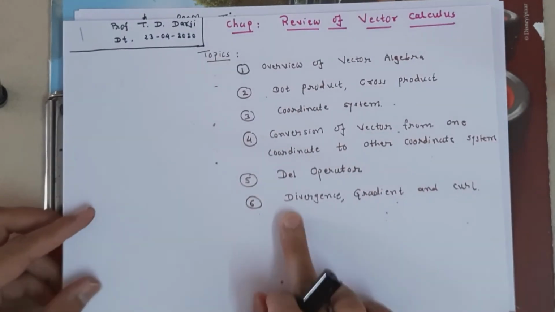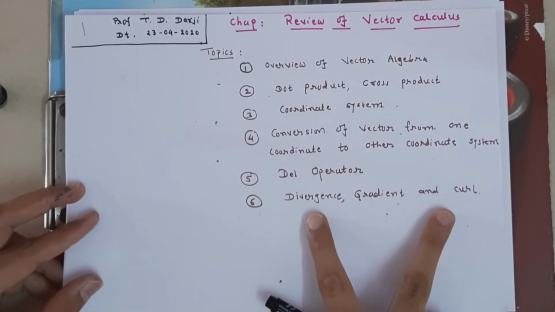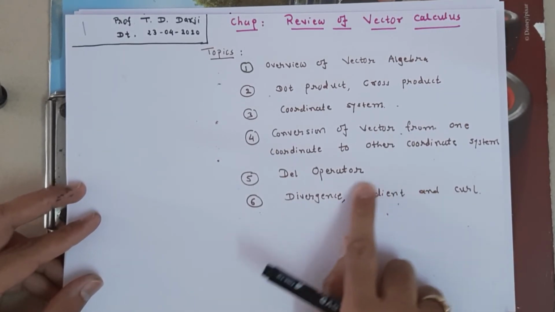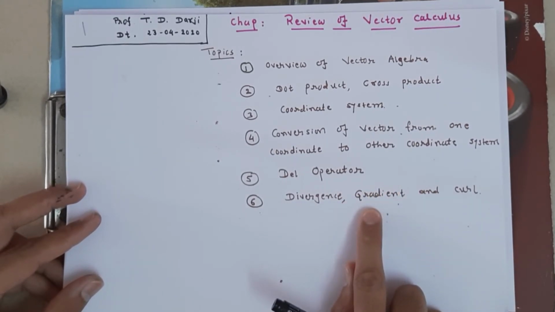When we deal with divergence and curl, we always use a vector quantity, and when we deal with the gradient, we take which quantity? Scalar quantity. So what does the gradient say? The gradient says how much amount of any scalar quantity changes in x, y and z direction. It is indicated by the gradient.